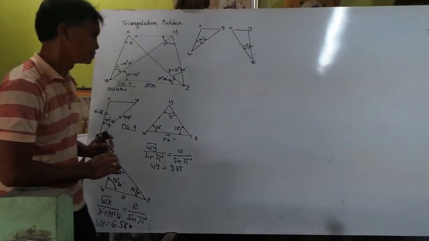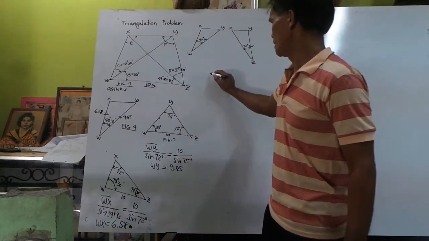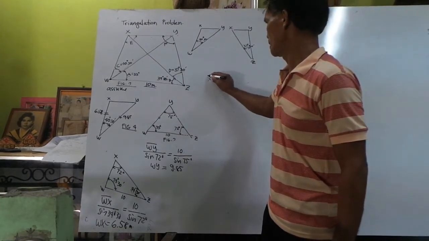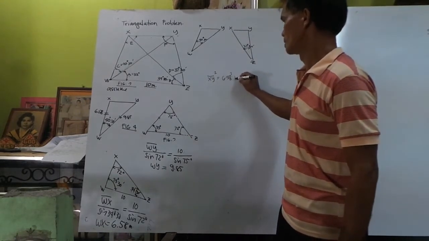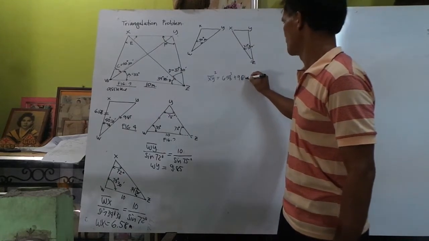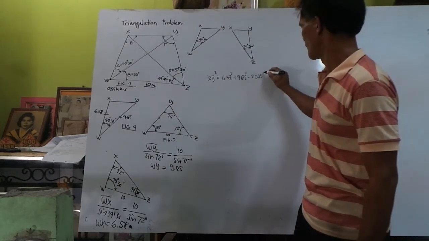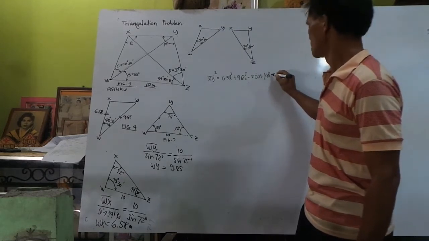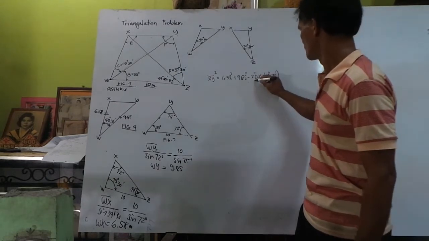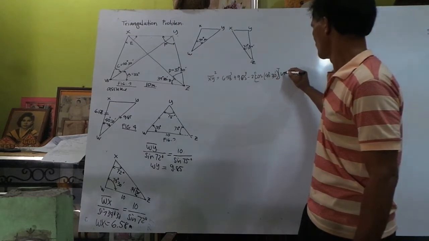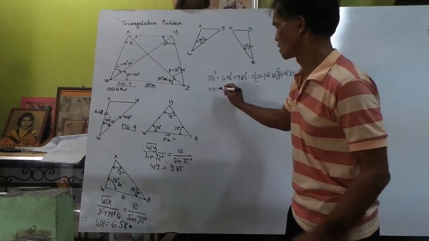So XY squared is equivalent to 6.58 squared plus 9.85 squared minus 2 times cosine of the given angle 40 degrees 30 minutes times 6.58 times 9.85.